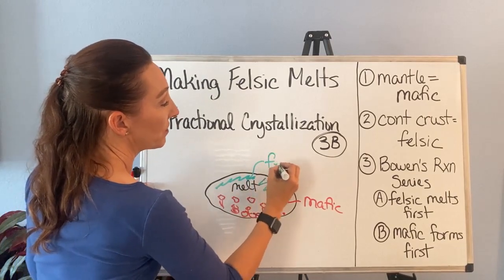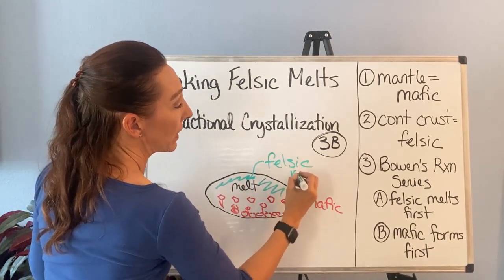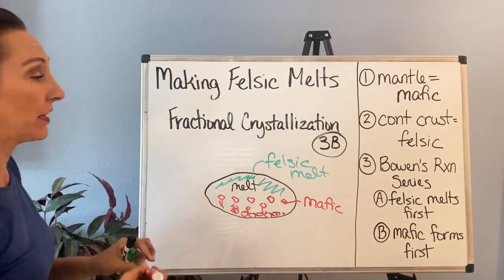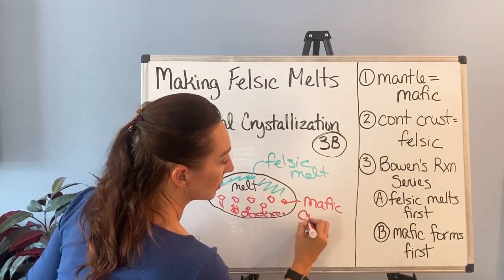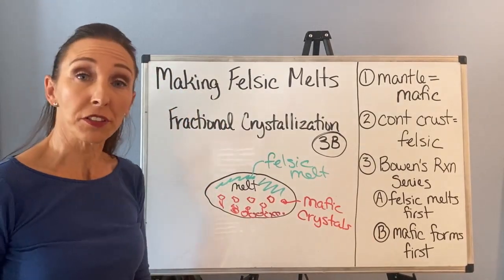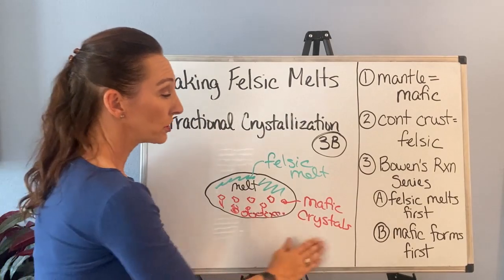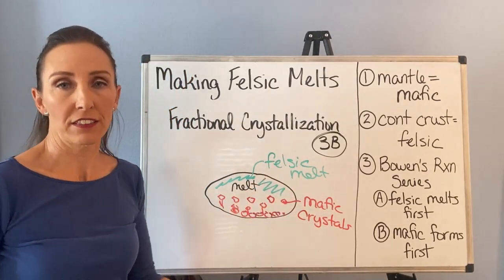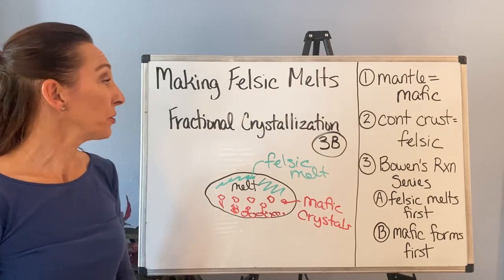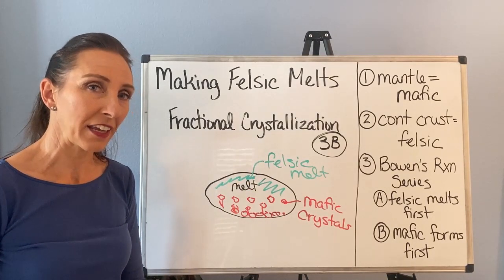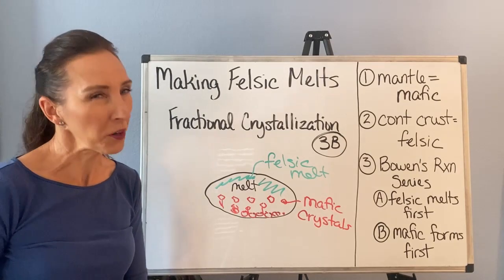So you have felsic melt, and you've got the mafic crystals, the solids. We call that fractional crystallization because you're crystallizing part of this stuff and leaving a remainder that tends to be more felsic. So that will be fractional crystallization, our third way of creating a felsic, or more felsic, melt.